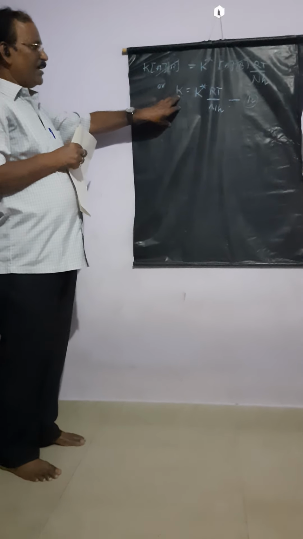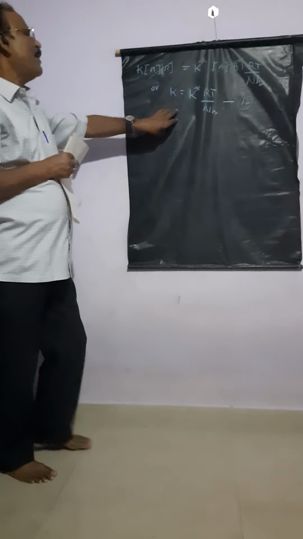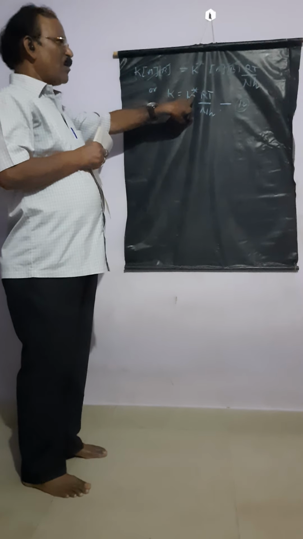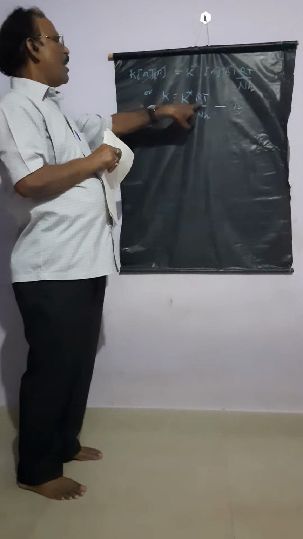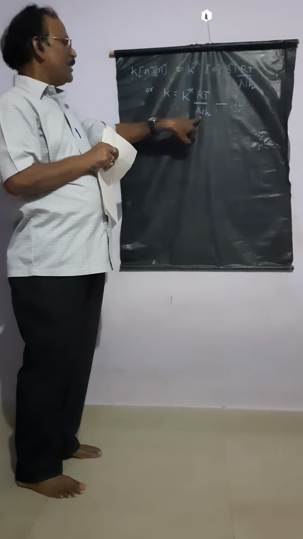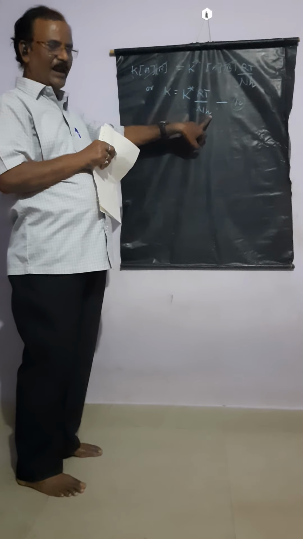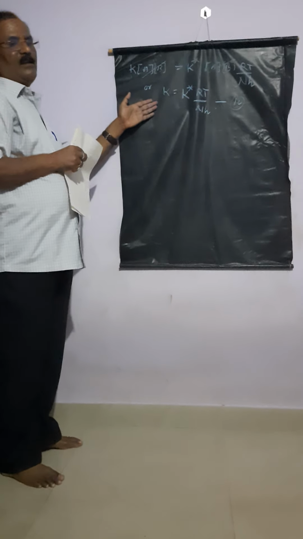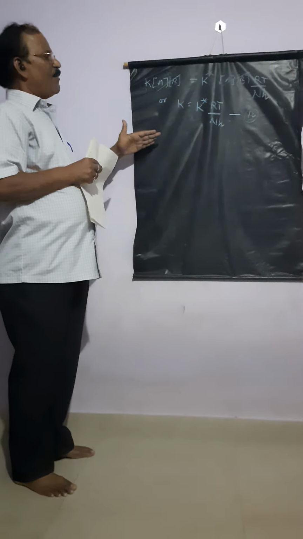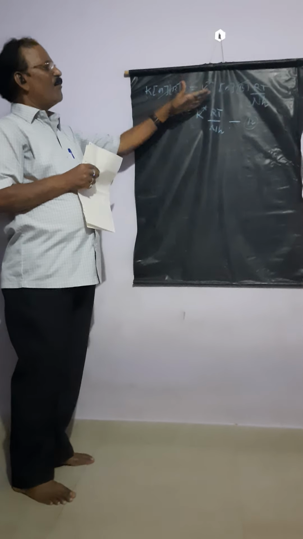The rate constant of the reaction is given by the equilibrium constant between the reactants and the activated complex, and R into T divided by N into H. By seeing this equation, it is the mathematical format of the rate constant according to transition state theory.